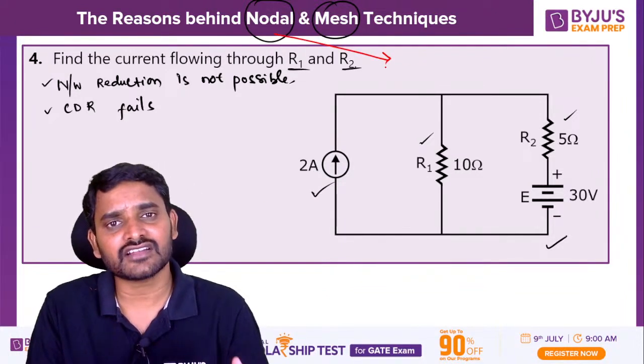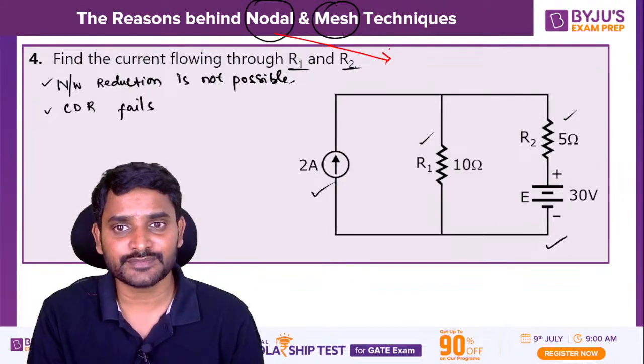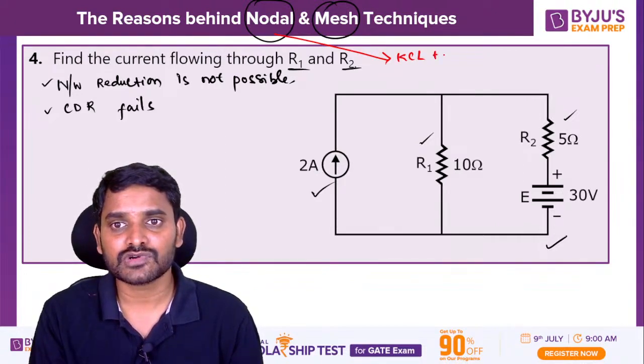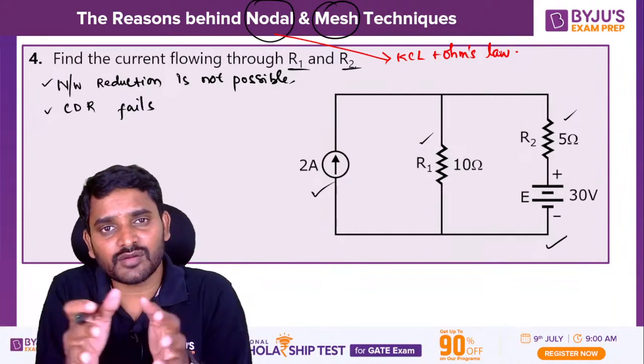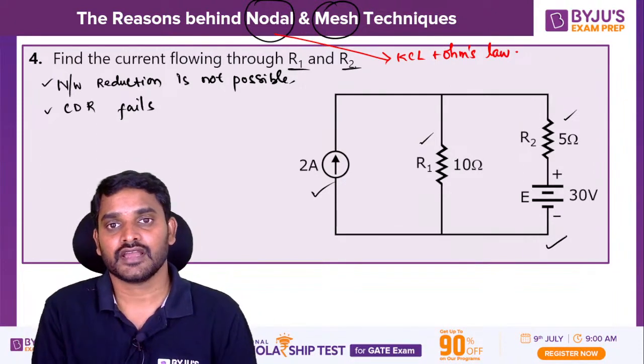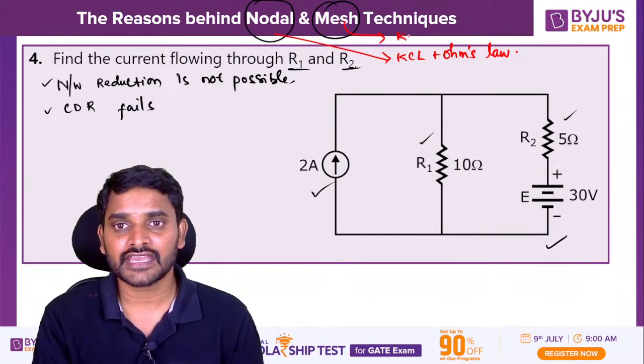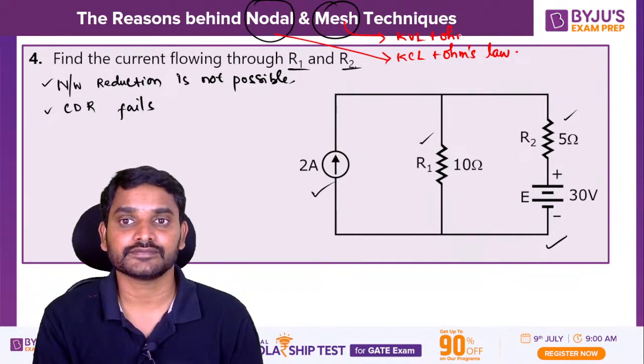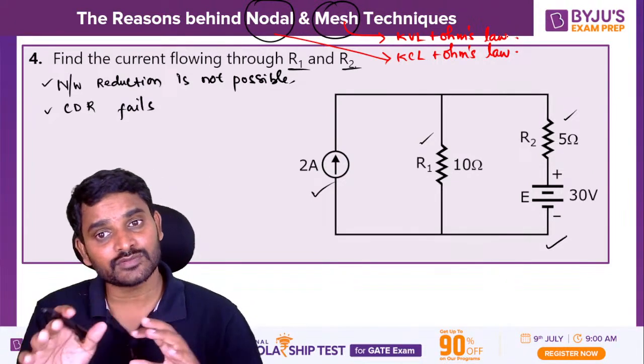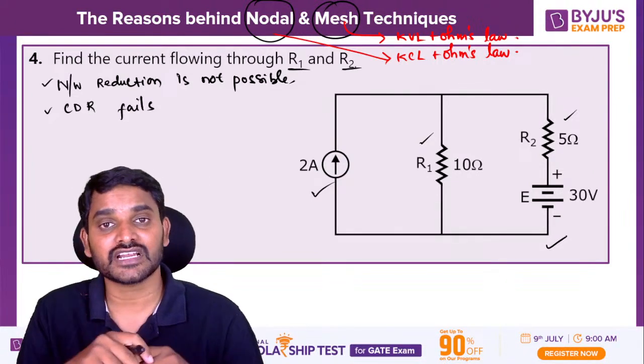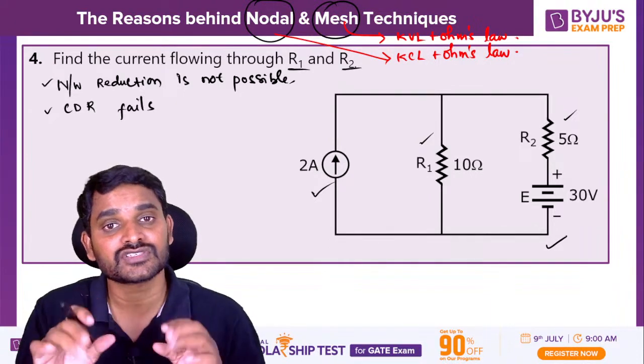Nodal analysis is nothing new. Nodal analysis is simply KCL plus Ohm's law. It is just a combination of two laws. Mesh analysis is KVL plus Ohm's law. So apply KCL and Ohm's law together, or KVL and Ohm's law together, then it is possible to solve this network.